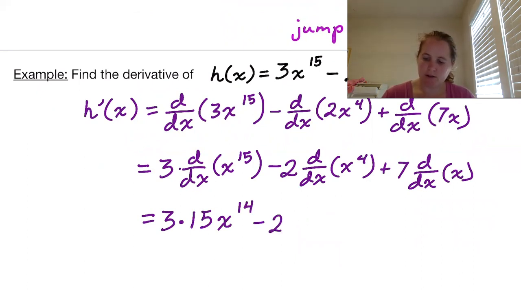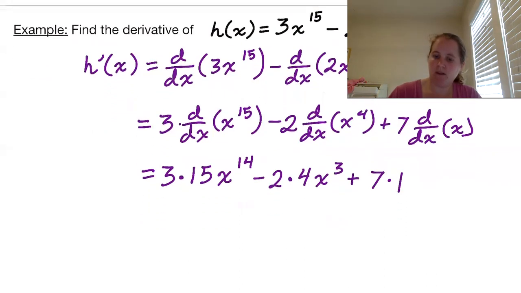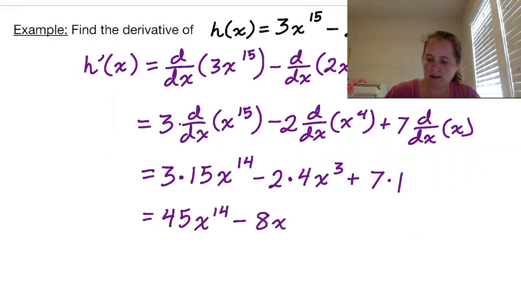And we have minus 2 times 4x to the 3rd power. Again, pull the 4 out front, drop the power to 3. And then this is just plus 7 times 1. Or 45x to the 14th minus 8x cubed plus 7.